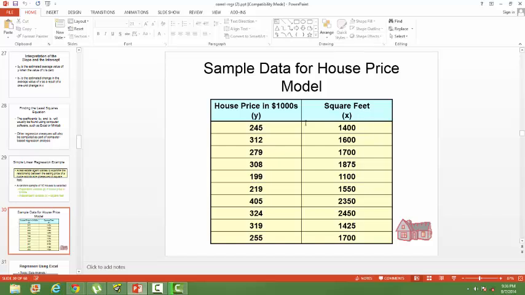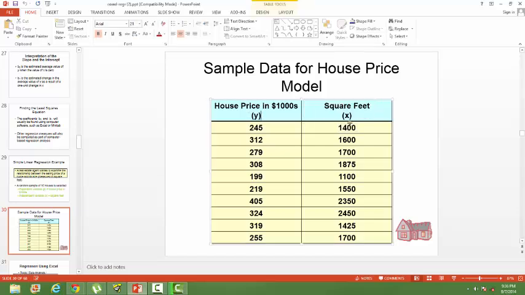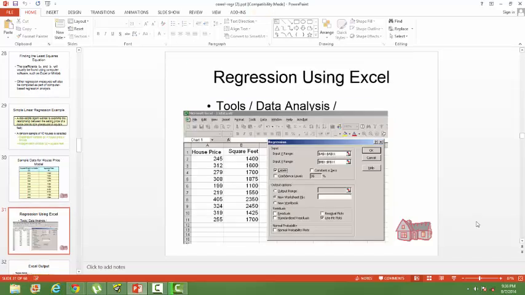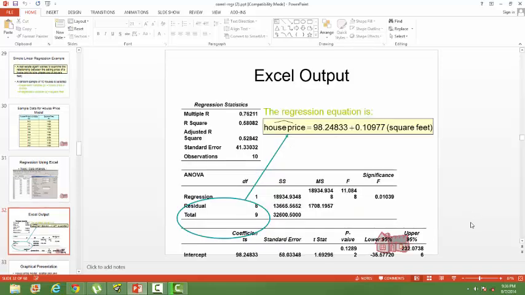So we want to know how y depends on x, or how price is dependent on the area of the house. Now in Excel we have the statistical package where we can use the Analysis ToolPak to find out regression. Then we have house price in one column and area in another column. We select y and x and we press OK, and we'll get the regression output.